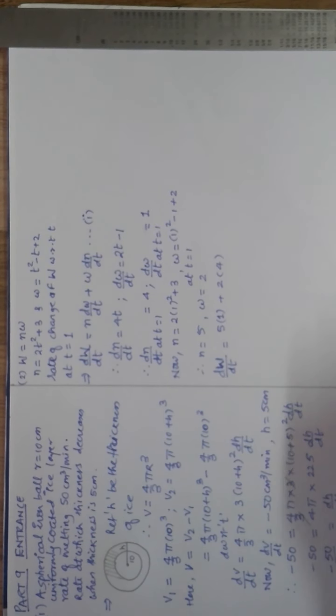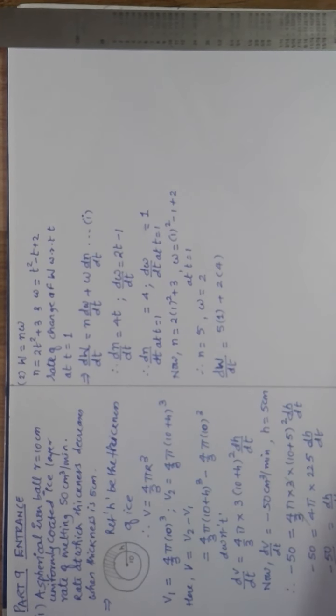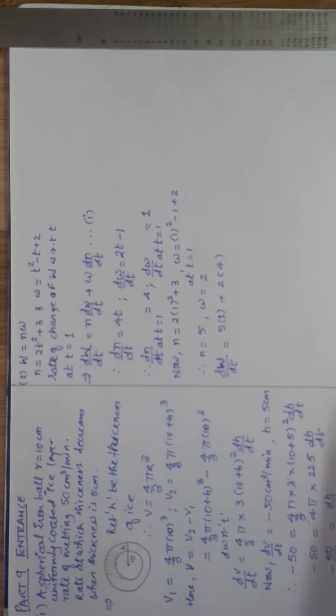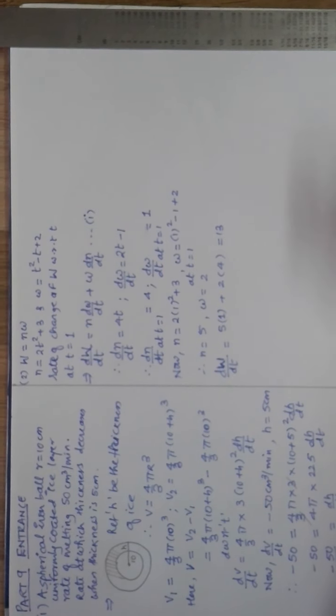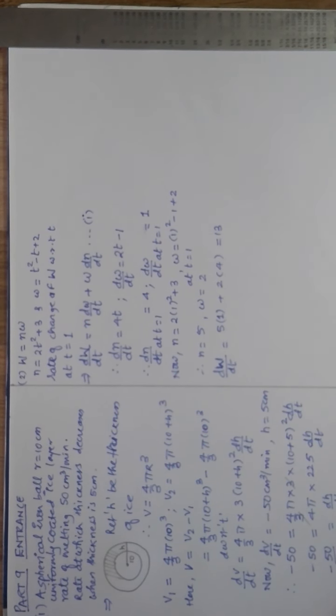N is 5, okay, then dw/dt is your 1, then small w is 2, okay, and dN/dt is your 4. So it becomes 5 plus 8, that is equal to 13, and whatever units are given, you have to mention. I have not written units here, so let it be as it is. So dW/dt is equal to 13.